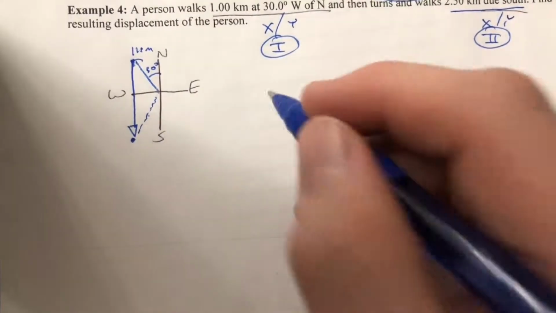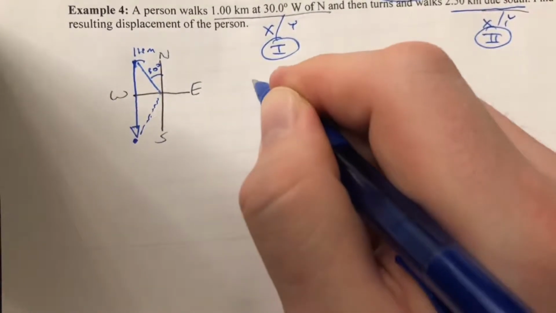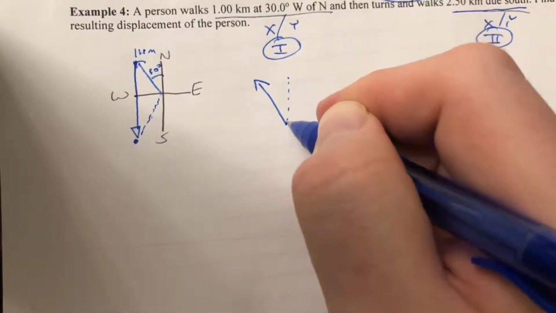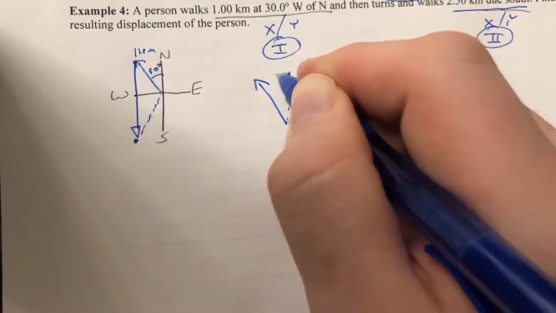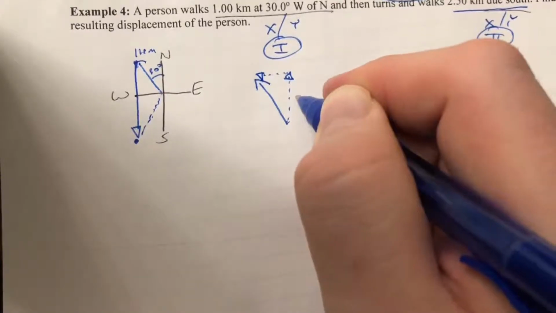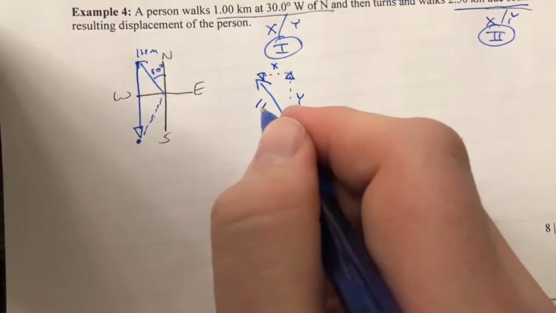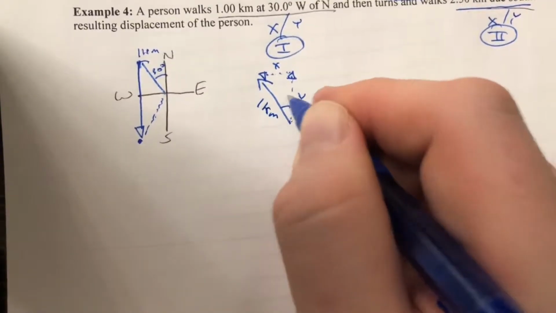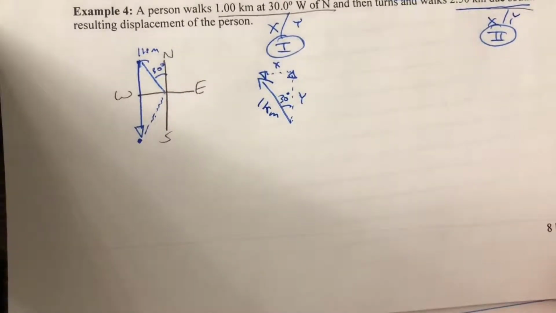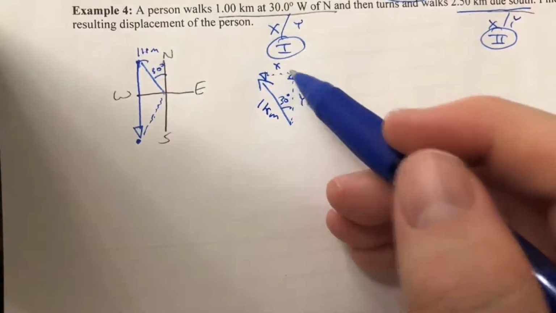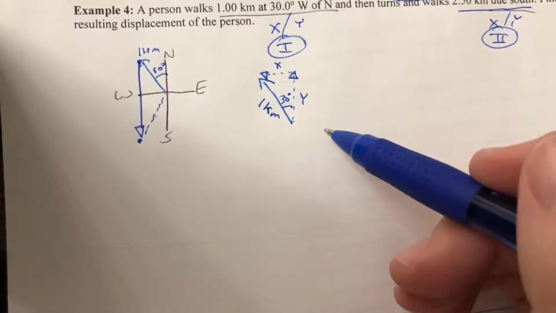and we're going to figure out what the XYs are for each of those. So for instance, for that first one, we said he was going north and he was going west. I want to find the Y value of that, I want to find the X value of that for 1 kilometer at 30 degrees. What are the resultants for each of those?